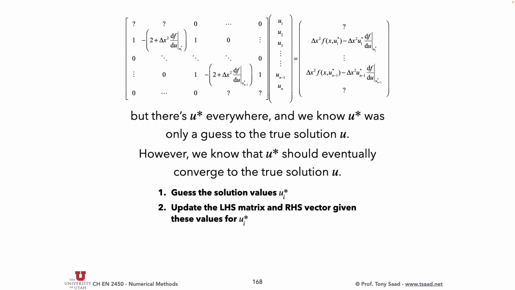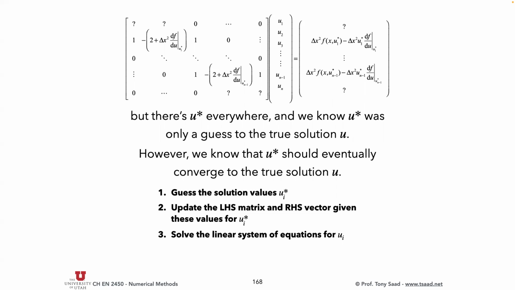You use those start values to update the coefficient matrix and the right-hand side because you have stars everywhere. Update the left-hand side matrix and the right-hand side vector with these values. Then solve the system of equations for the unknown dependent variables, T1, T2, T3, all the way to Tn.